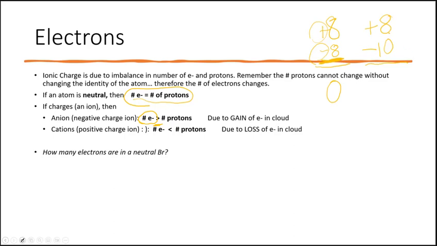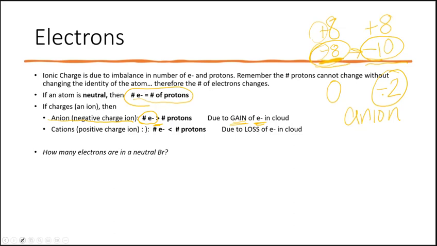So what is positive 8 minus 10? That gives me a negative 2 charge, right? So I gained electrons. I went from 8 electrons to 10 electrons. If I gain electrons, I become negatively charged, which is called an anion.